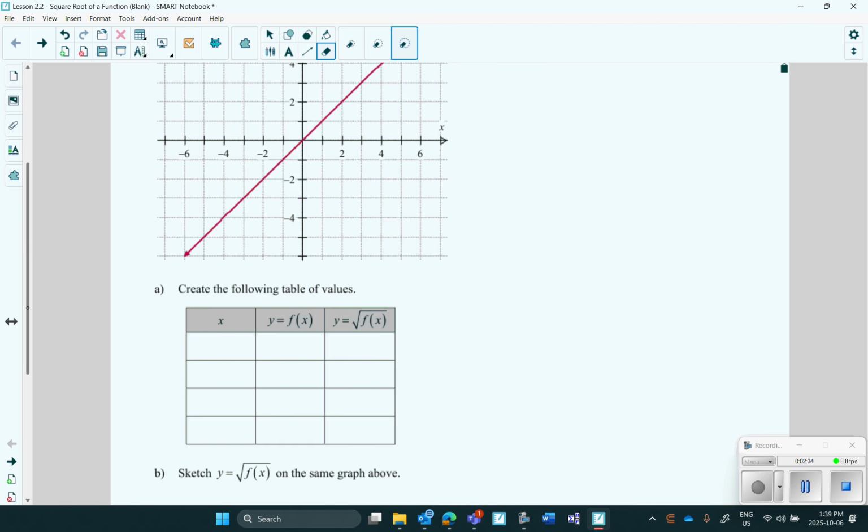So on this graph, give me a point, or let's start with this: -1, -1. Pardon.